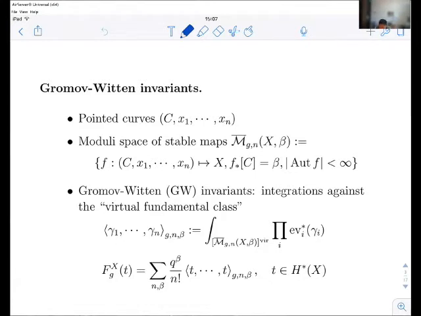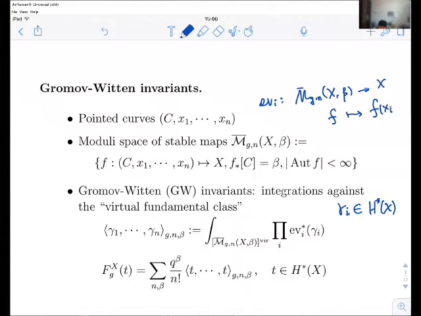Here these gamma_i lie in H^*(X), the cohomology of X. And the ev_i are the evaluation maps from this moduli space to X, which map a stable map f to the image of the marked points, f(x_i).